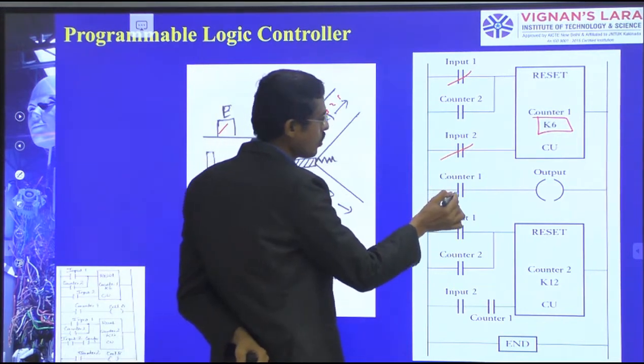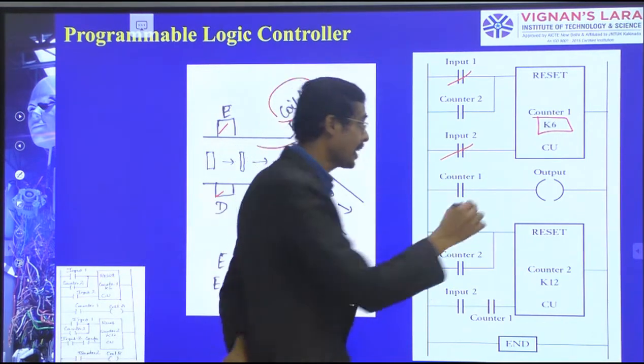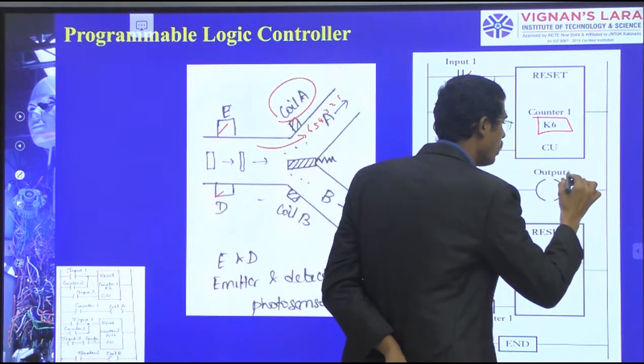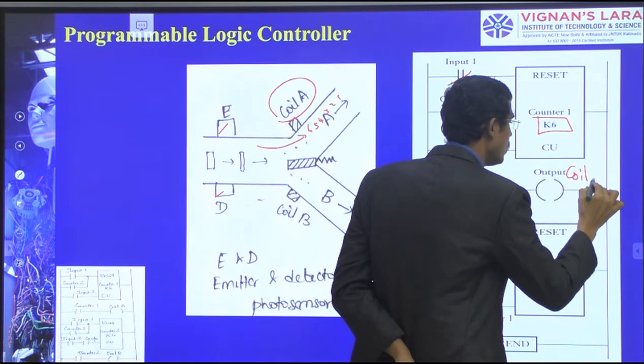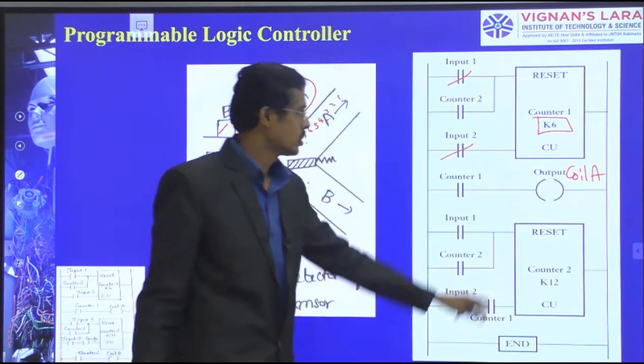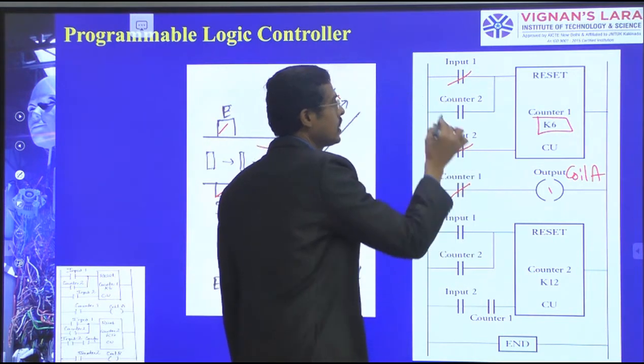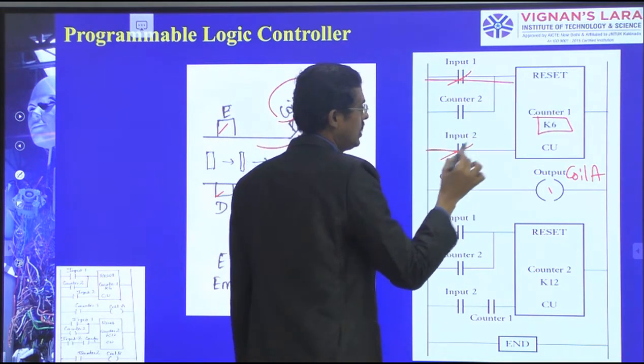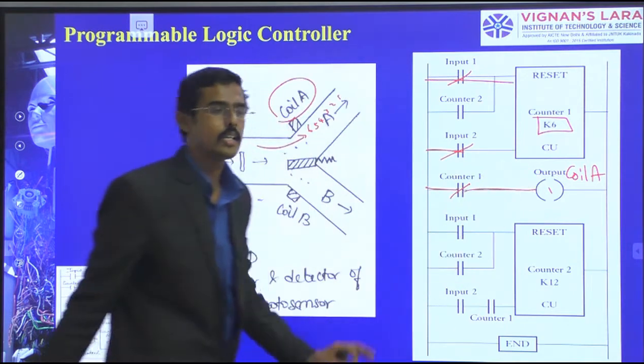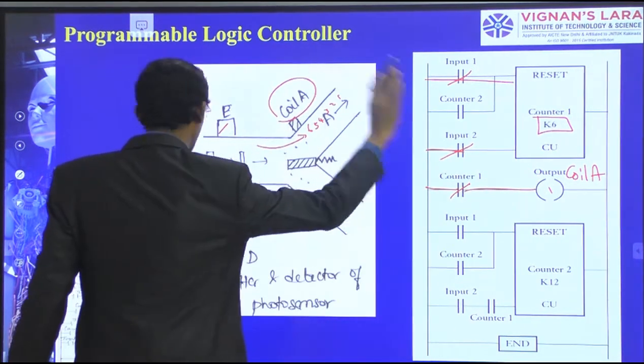So I am connecting counter 1 to the output of coil A. It goes, counts, and then coil A starts to close.